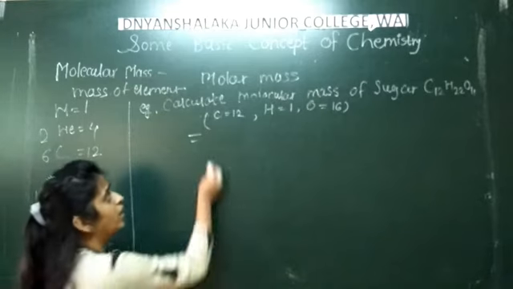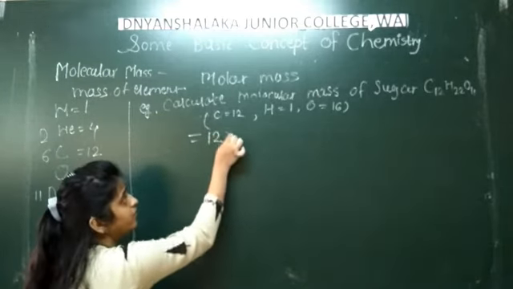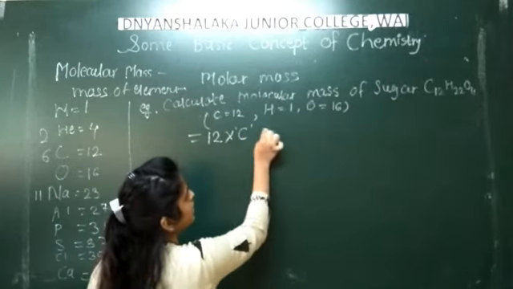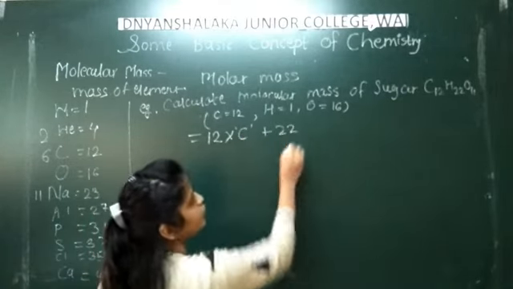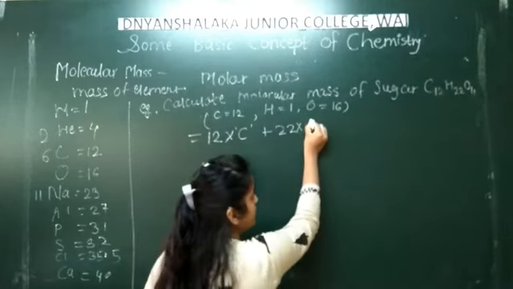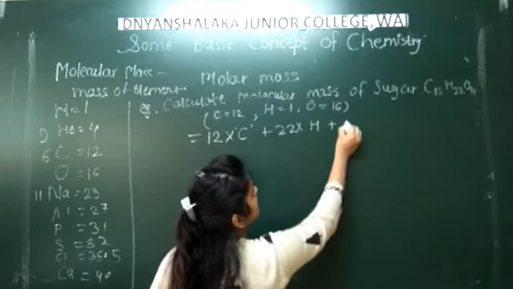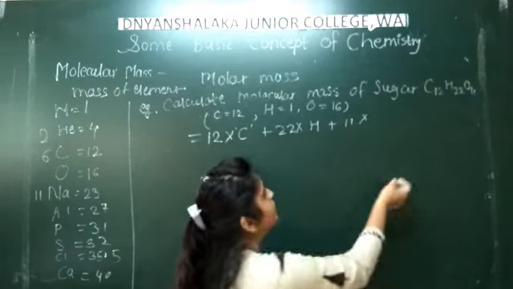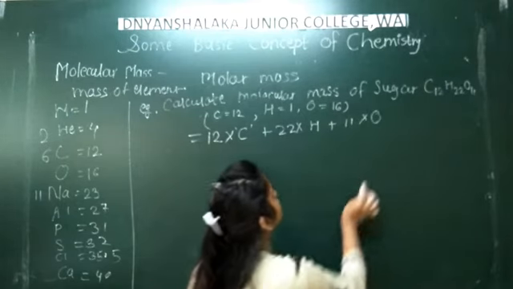So first formula: 12 moles of carbon into atomic mass of carbon plus 22 moles of hydrogen into atomic mass of hydrogen plus 11 moles of oxygen into atomic mass of oxygen.